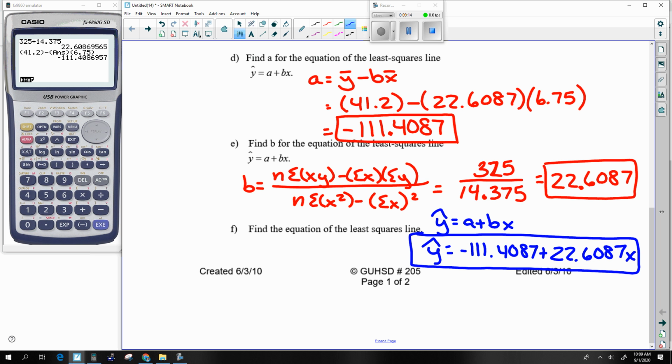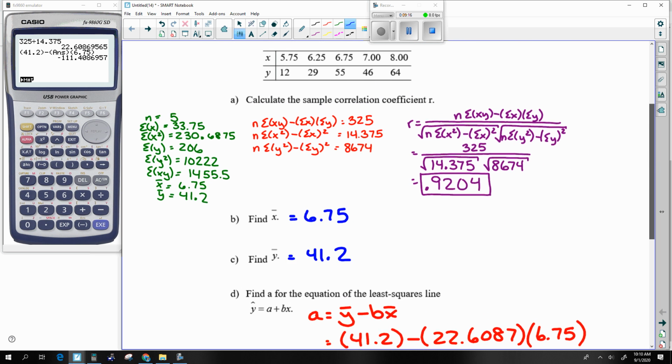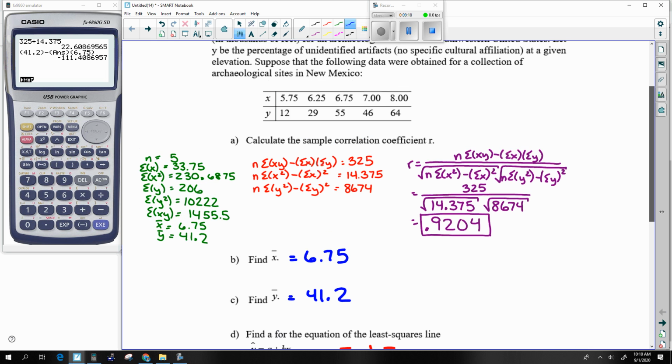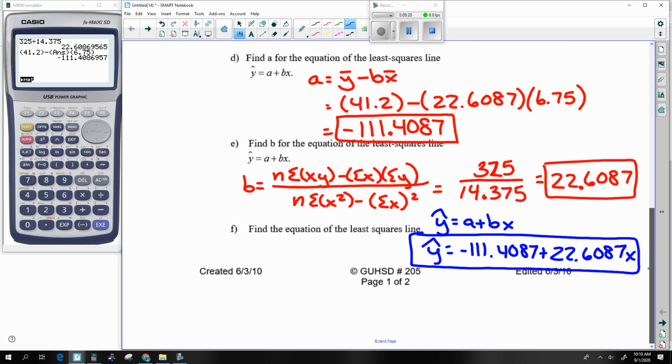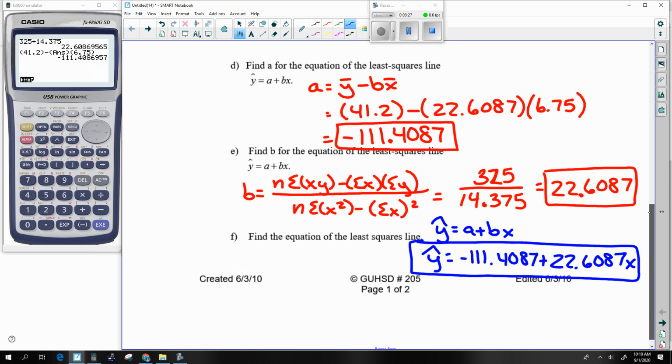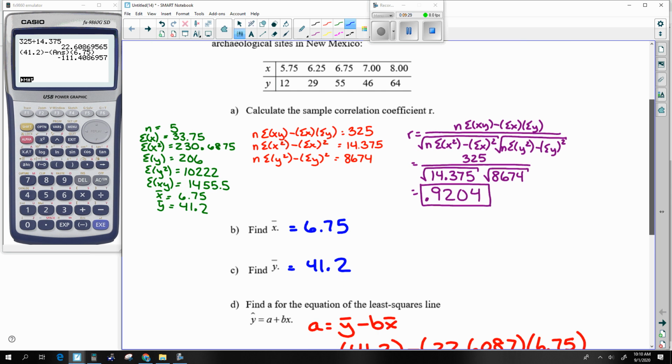All right. Now that's a lot of work. So what we did is we got this equation of this line. It has a slope of 22. It has a y-intercept of negative 111, and this 0.9204 says it's a pretty good line. All right. Now there has to be an easier way of doing this.